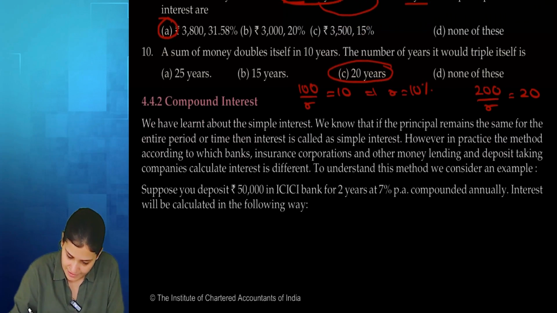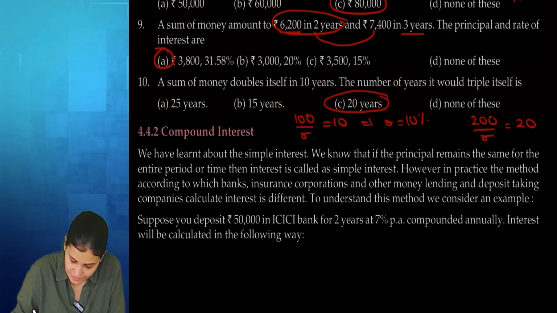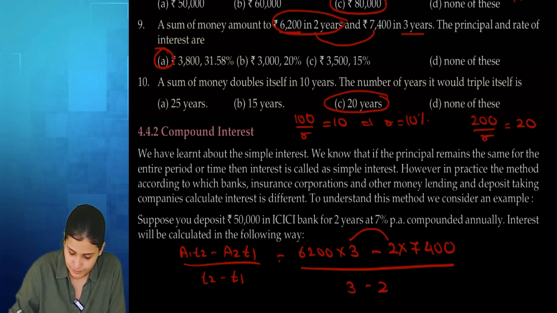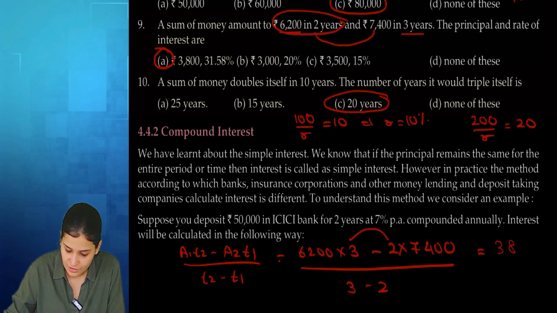See, question number 9. The formula was (A1 T2 minus A2 T1) upon T2 minus T1. So 6,200 into 3 cross multiplication minus 2 into 7,400, divided by time 3 minus 2. So this we got as 3,800.